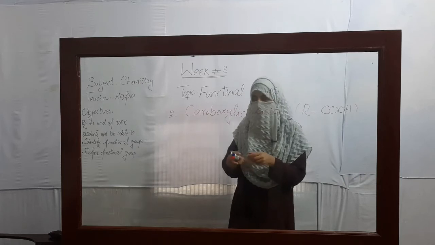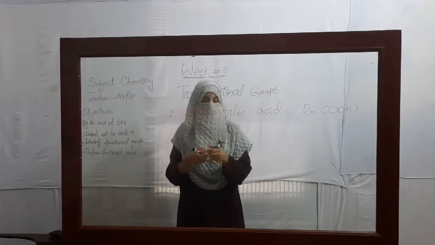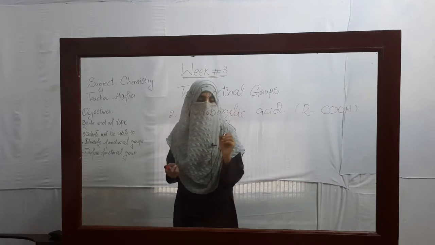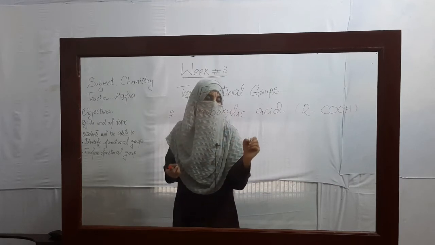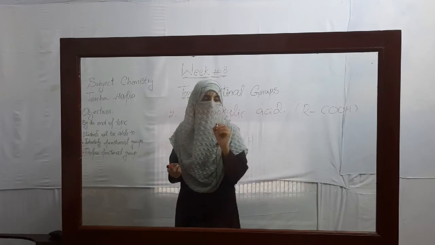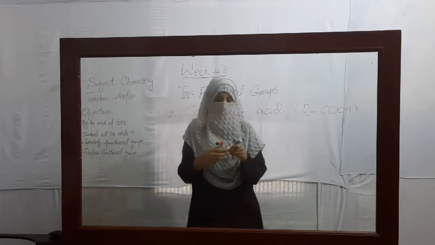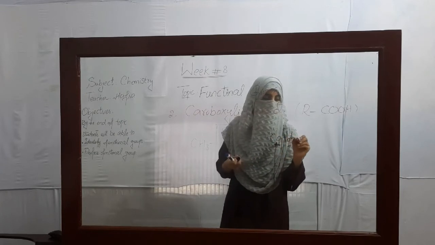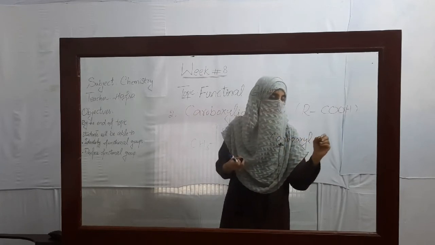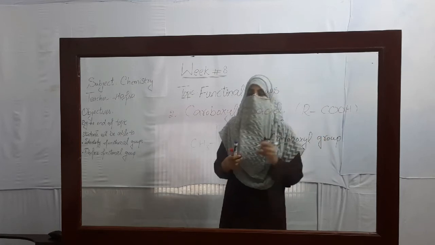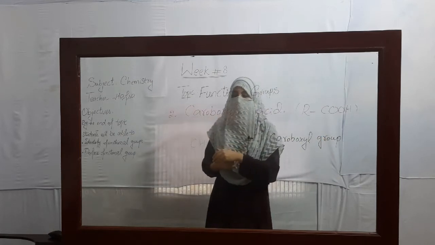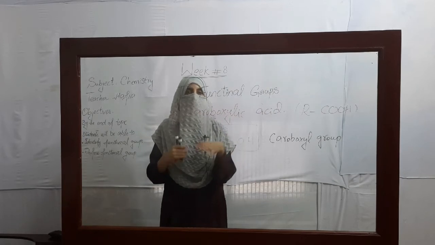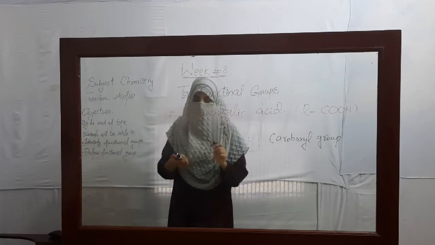Okay, let's take a simple example: CH3 C double bond O OH. That group is the carboxyl group. So if an alkane contains that carboxyl group, then it will produce carboxylic acids.